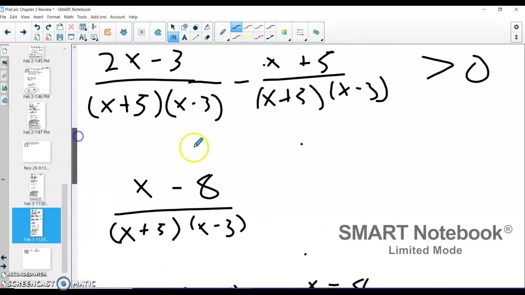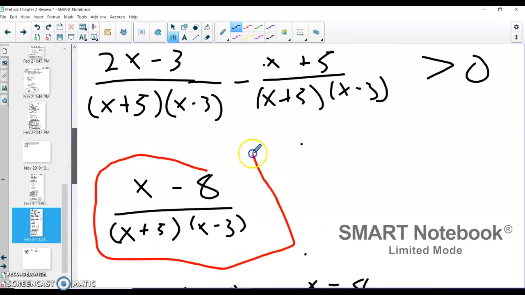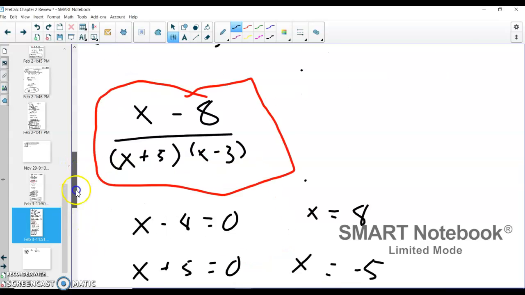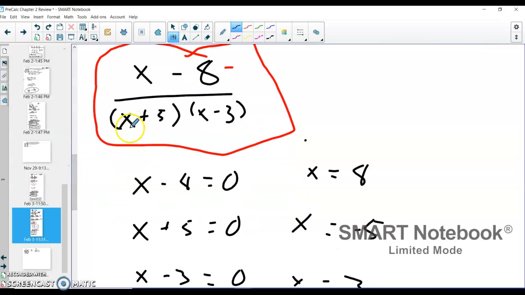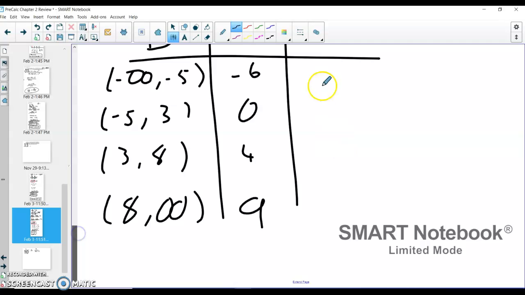So plugging in negative 6 into my function here, I get negative 6 minus 8, that's a negative. I have negative 6 plus 5, so that's a negative. And then I have negative 6 minus 3, that's a negative. A negative times a negative is a positive, so this would be a negative divided by a positive, and that's going to be negative.